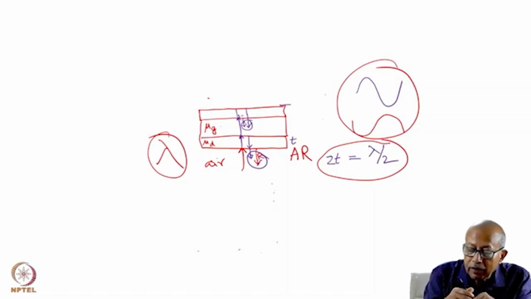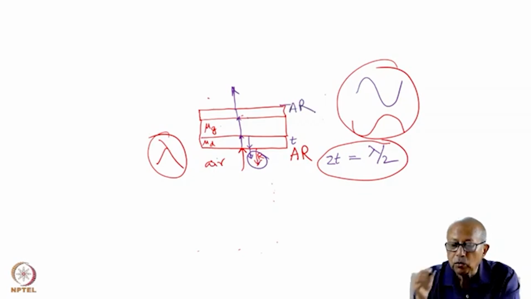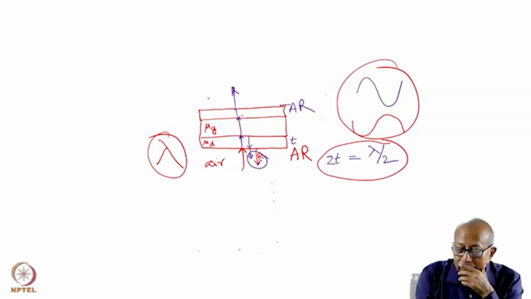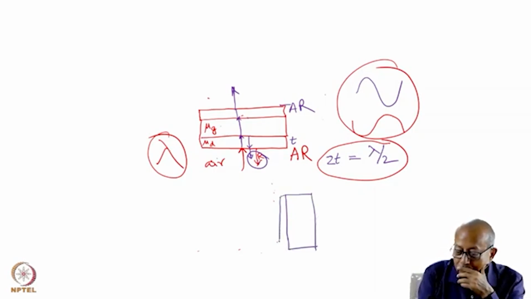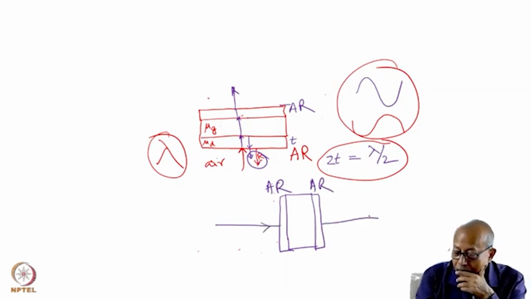So once again, this light will simply get out without any reflection. So this again would behave like an anti-reflection coating. So I've succeeded in making this glass plate, by depositing thin film coating, into an anti-reflection coating, so that the light which is incident on it, the entire light is transmitted.